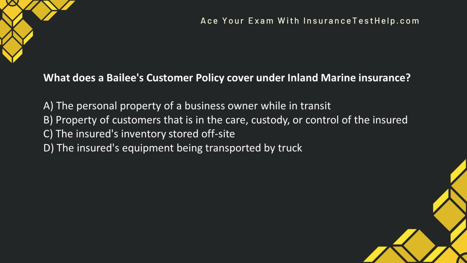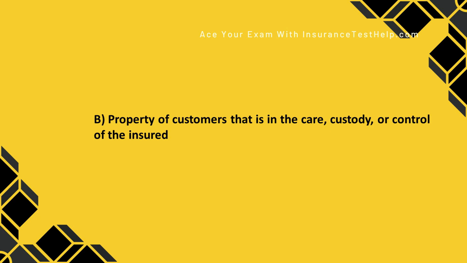C, the insured's inventory stored off-site? Or D, the insured's equipment stored in a truck? The correct answer is B, property of customers that is in the care, custody, or control of the insured. If you just remember that would be the bailee, the bailee's policy definition becomes a lot more clear. So property of customers in the care, custody, or control of the insured.